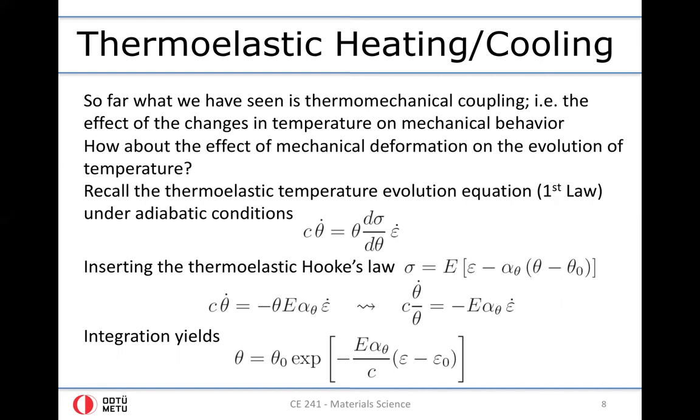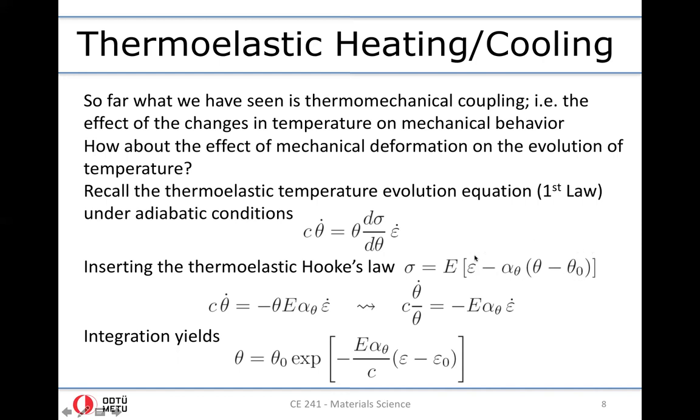All right. So what you need to do is remember the adiabatic version of the first law. We had this in the first place. And then plug in here the constitutive equation we had introduced, the simplest constitutive equation for a thermoelastic material, where the strain is replaced by the mechanical strain minus the thermal strain.